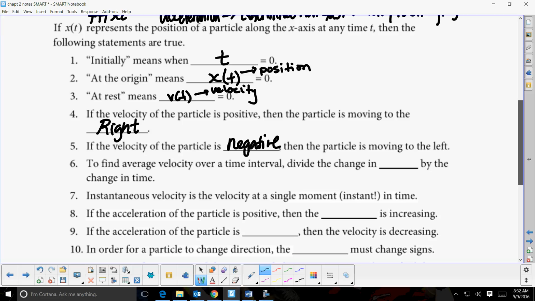Okay, what is 6? Position. Right? Change in position over change in time. Average velocity. Do I even see a velocity formula anywhere?